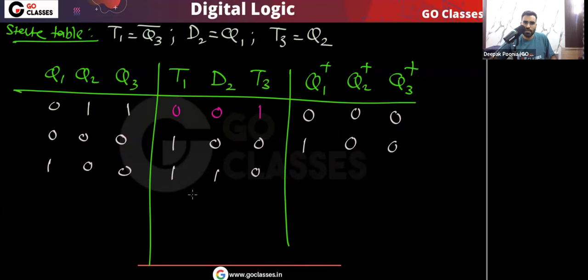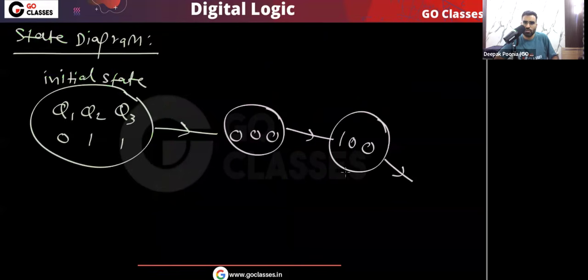Whatever D2 is, you put that in Q2 plus. If T equals 1, the state toggles; if T equals 0, you remain in the present state. So Q1 plus will be the complement of Q1, and Q3 plus will be the same as Q3. So from 1, 0, 0, we are going to 0, 1, 0.